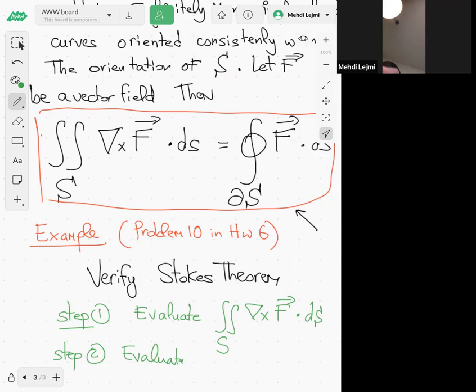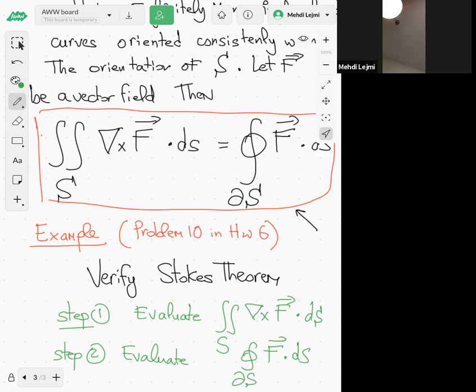That's the vector line integral of F along the boundary of S. Okay, and so these two integrals must be equal by Stokes' theorem, right? So that's what I mean by verify Stokes' theorem.